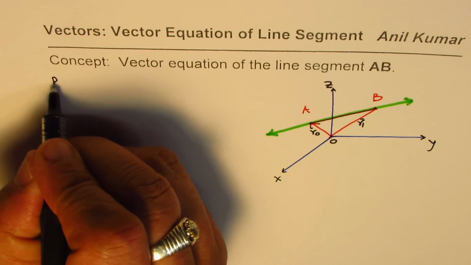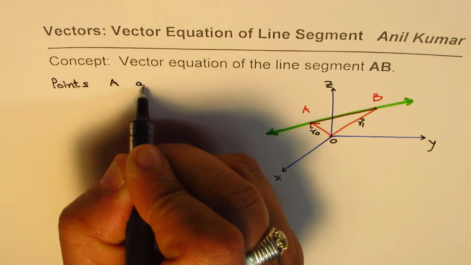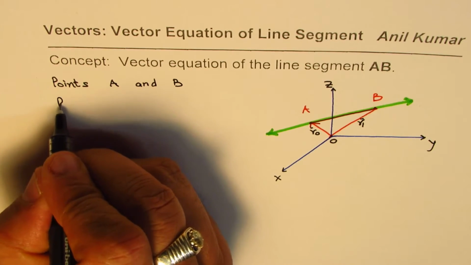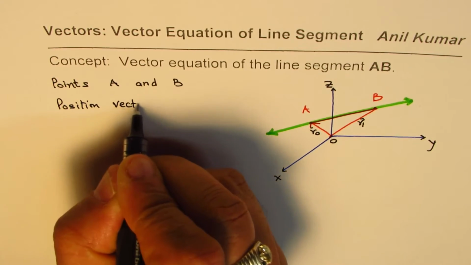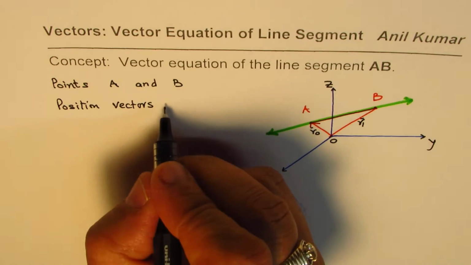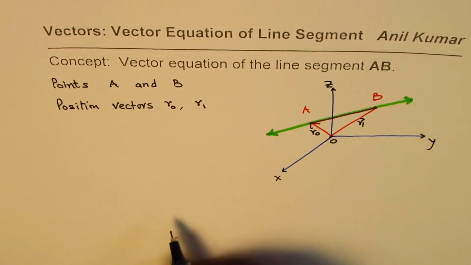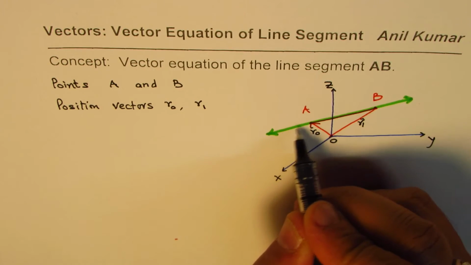So we have points A and B, and then we have position vectors R0 and R1. Now with these position vectors, we can actually find the direction of this line.